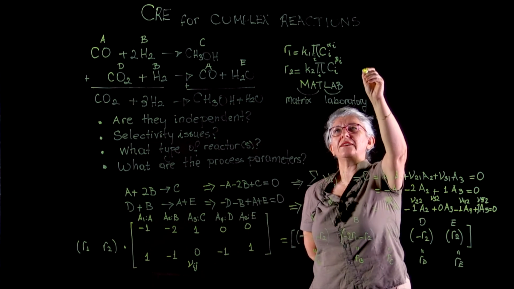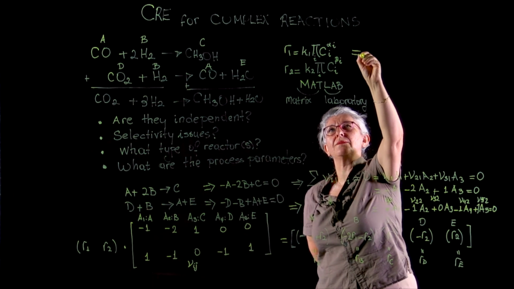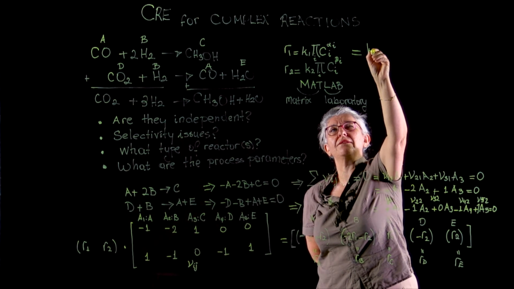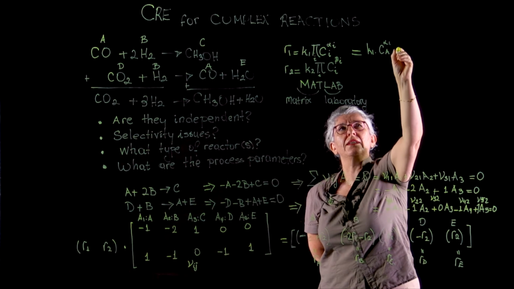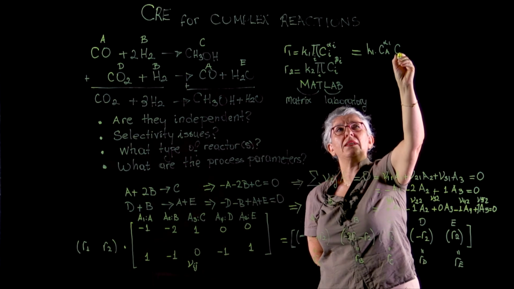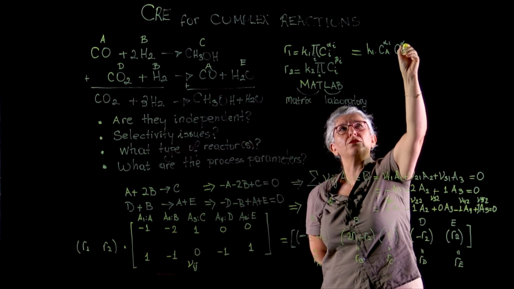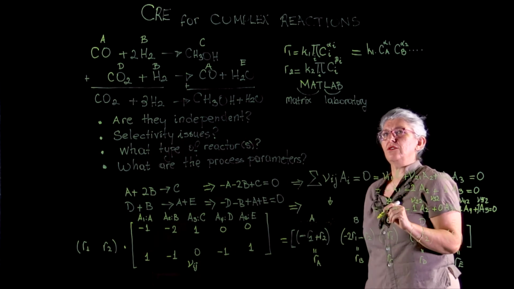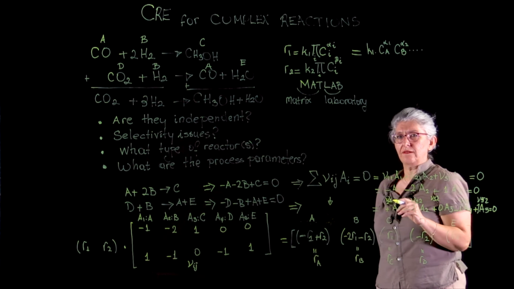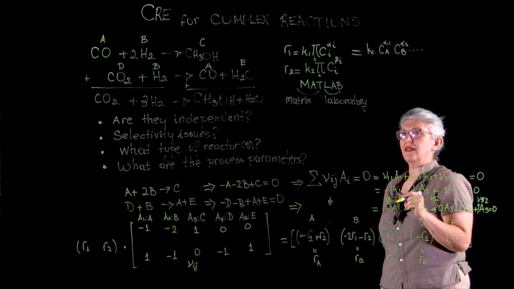And when I do that, I mean something like this. This is K1, Ca to the alpha 1, Cb to the alpha 2, and so on and so forth. We don't know alphas. We don't know whether those reactions are elementary.